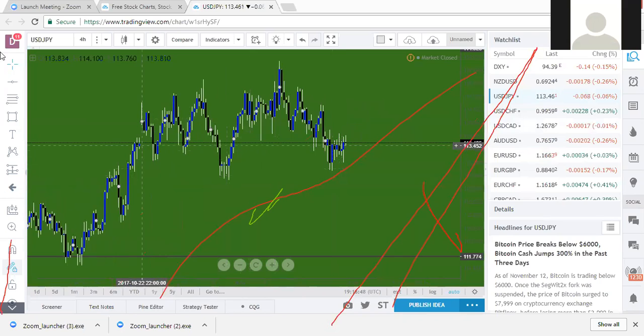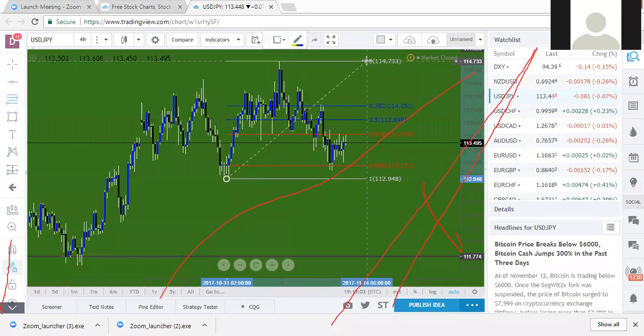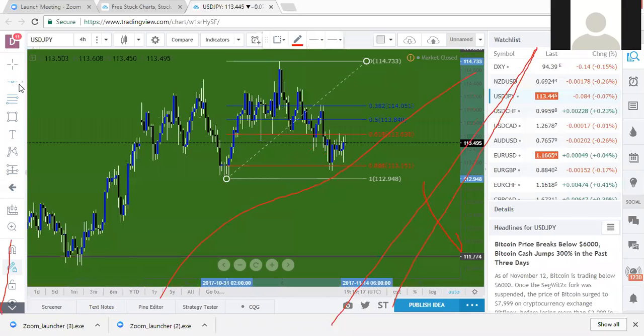All right, here we go. I think this should be a valid bat pattern here. Nah, it's not valid.